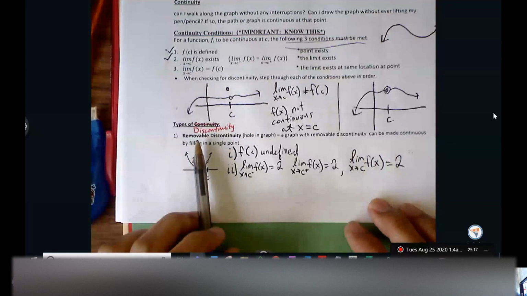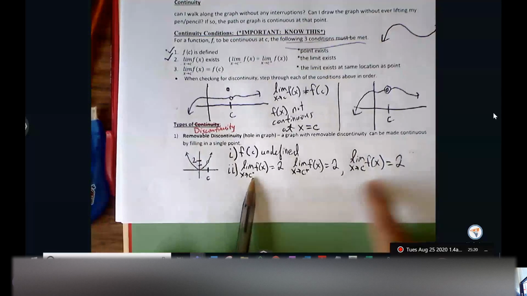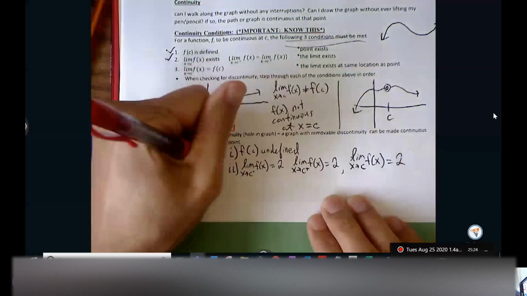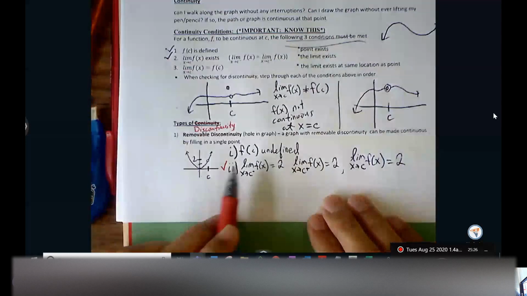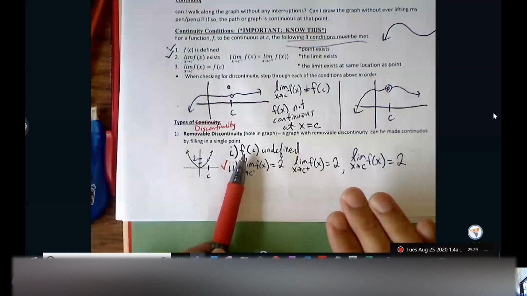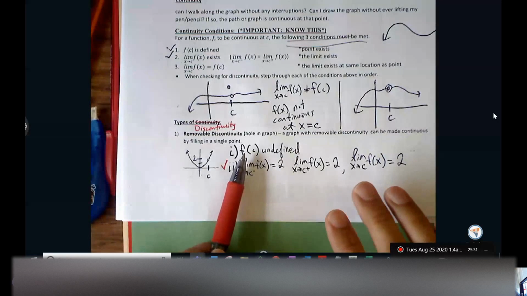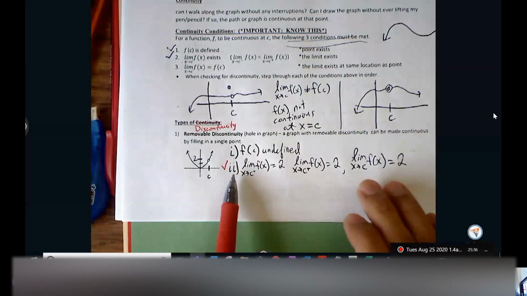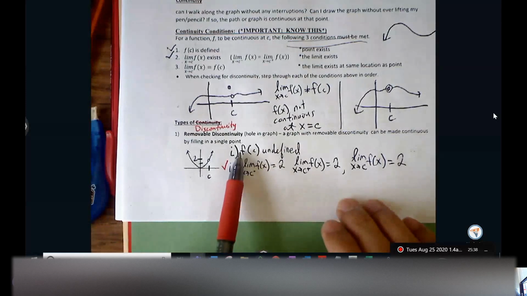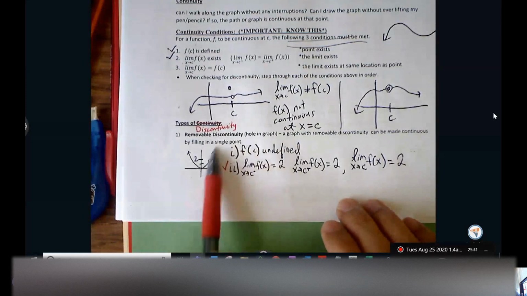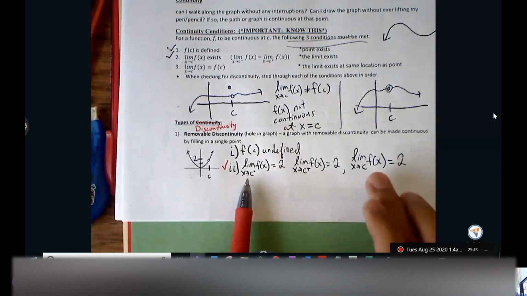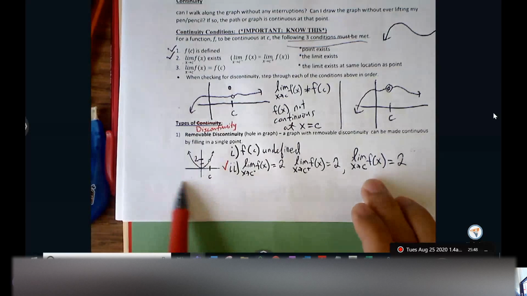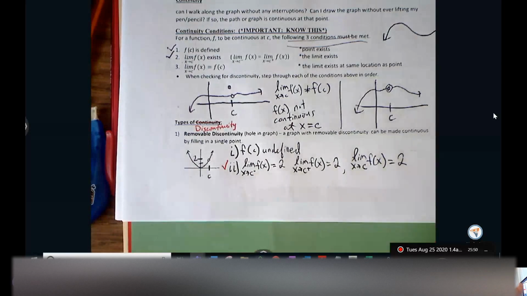So if you're dealing with a removable discontinuity, your second condition is always going to pass. Now, the first condition, we don't have to pass it. Regardless of whether we pass or fail the first condition, we always move to the next one, because we need information from the second condition if we want to gather any information about removable or the other type of discontinuity.